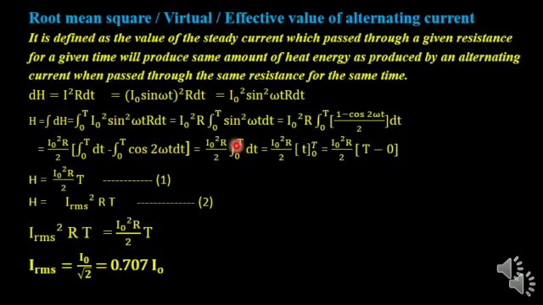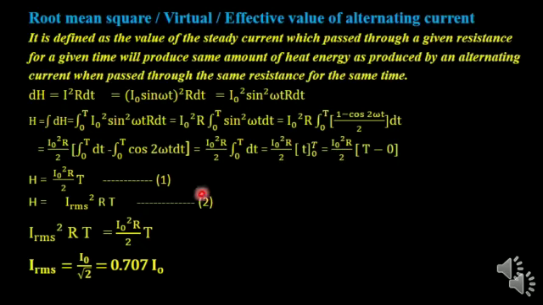After integration, H equals I0 square R divided by 2 into t limits from 0 to T. After applying the limits, H equals I0 square R divided by 2 inside the bracket T minus 0, which is H equals I0 square R divided by 2 into T.